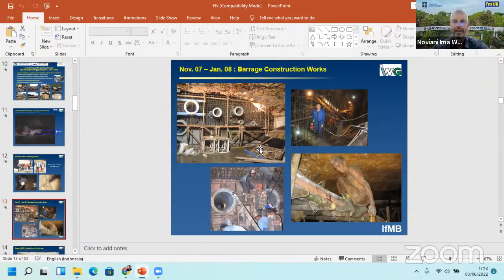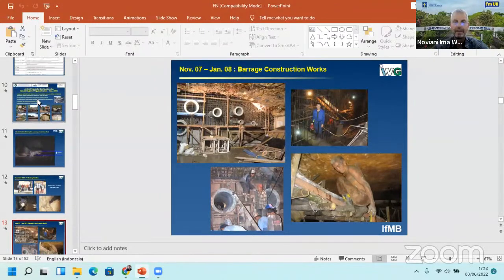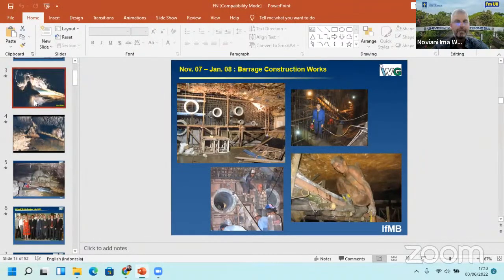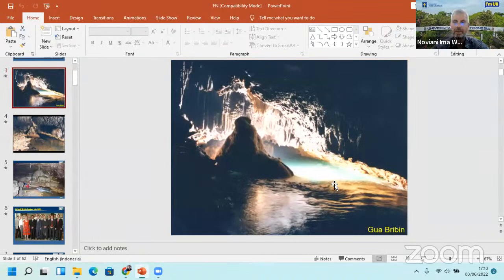There are so many people who call this river also an aquifer. Gua means cave. Pripin is the name of the cave. So with this cave, there are stalactites. Yes, and very beautiful.